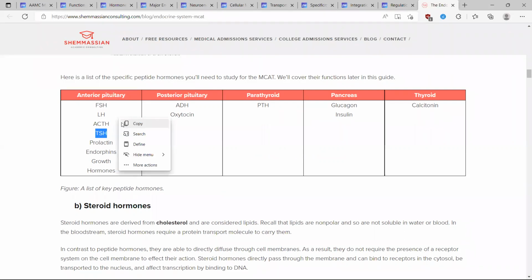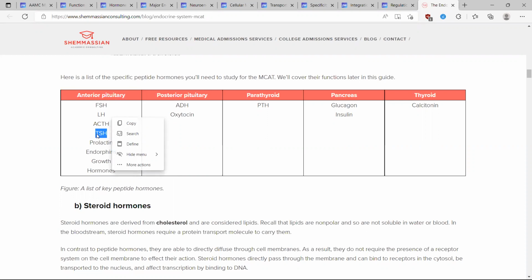Tell me everything that you can tell me about TSH. The things that you can tell me about TSH are, number one, where it's produced, or even initially, how is it produced? Well, the hypothalamus will secrete the thyrotropin releasing hormone and cause the production of TSH in the anterior pituitary.